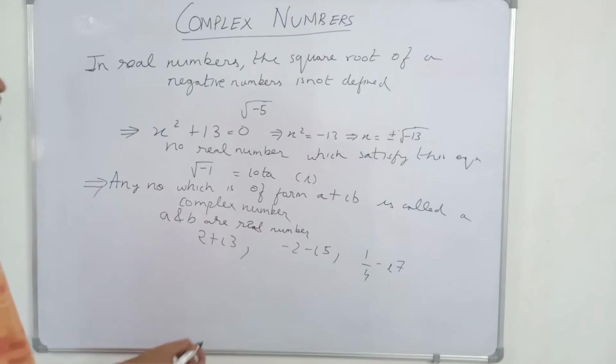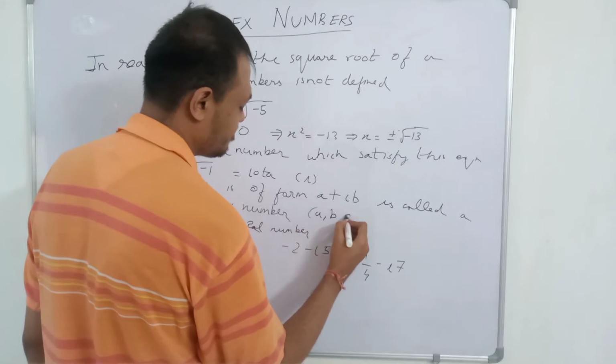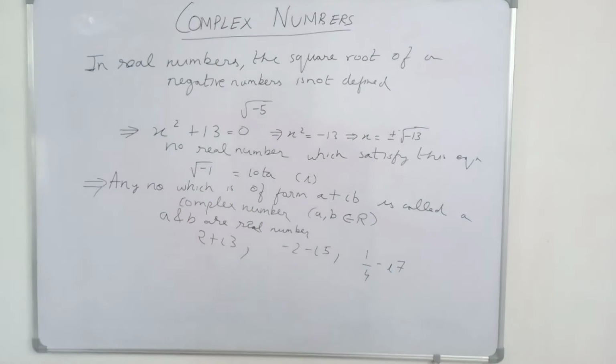Any number which is of the form a plus iota b is called a complex number, where a and b belong to the set of real numbers.